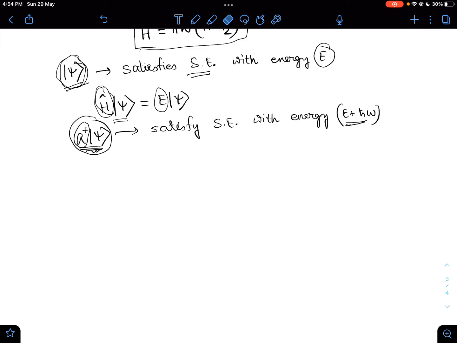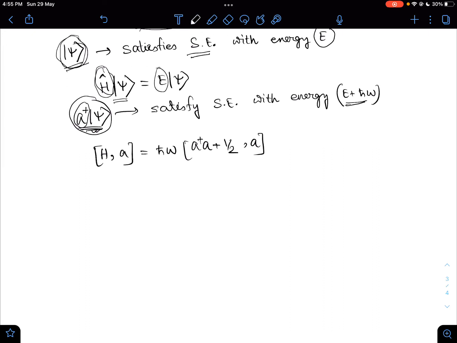For that we first have to calculate two commutation relations. Let us first calculate the commutation of H with A. We know H is h cut omega, A Dagger A plus half, in commutation with A. In the second term we have a constant, so this commutation will give us 0.